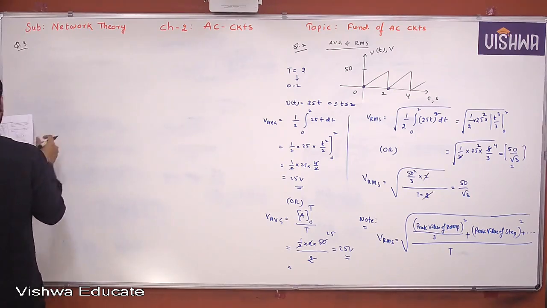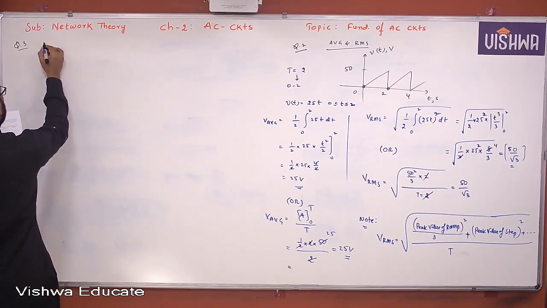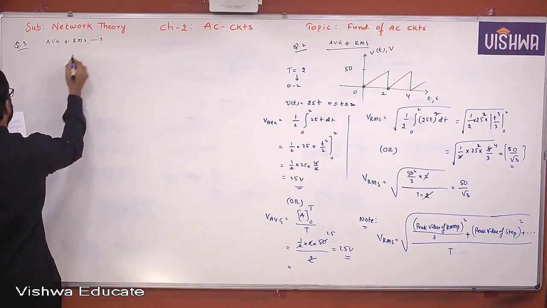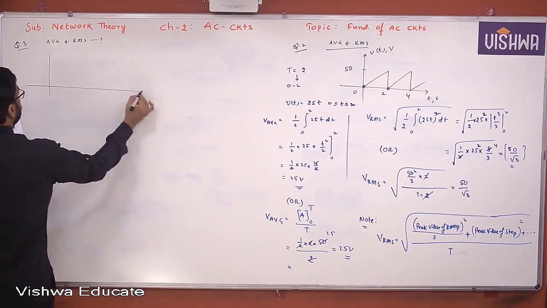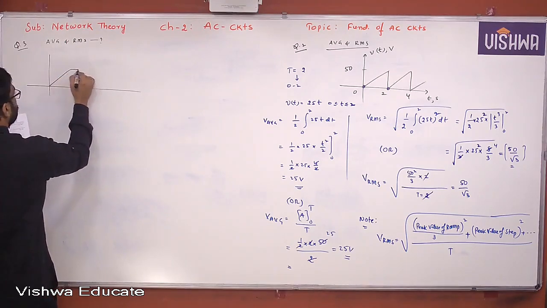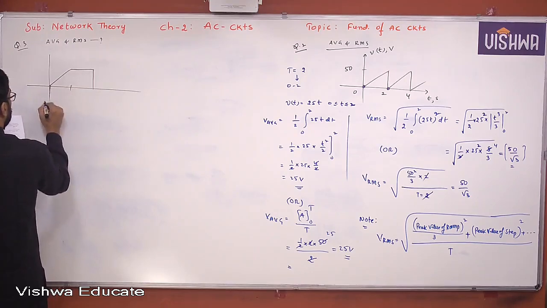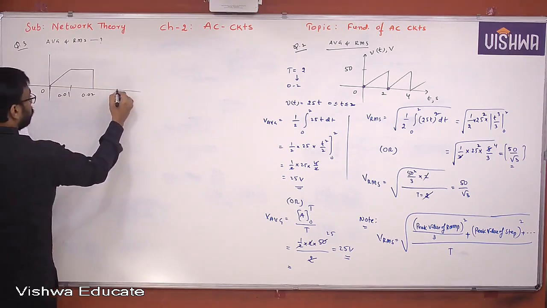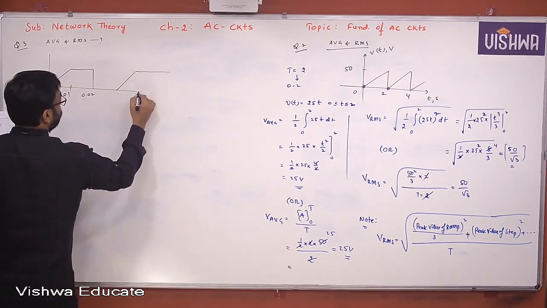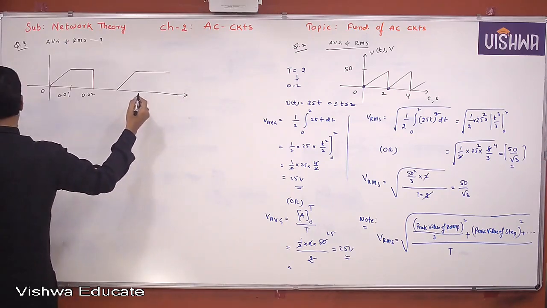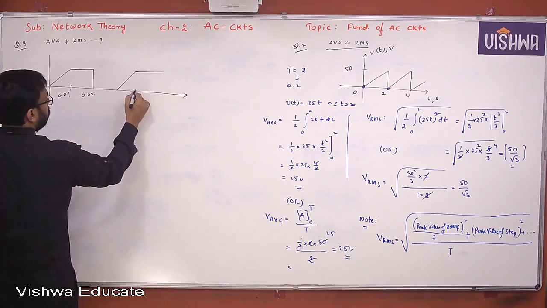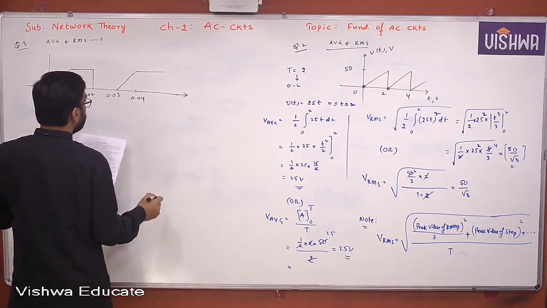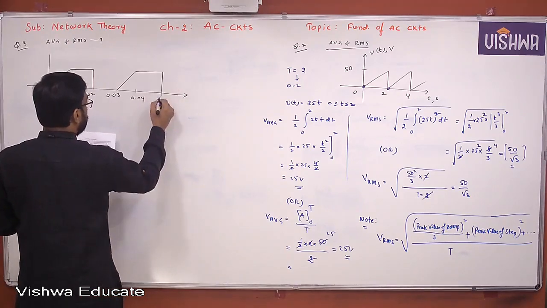Now, question number 3. Find average and RMS values. This is 0, 0.01, 0.02, 0.03, 0.04, this is 0.05.